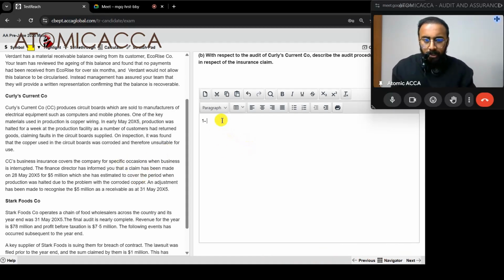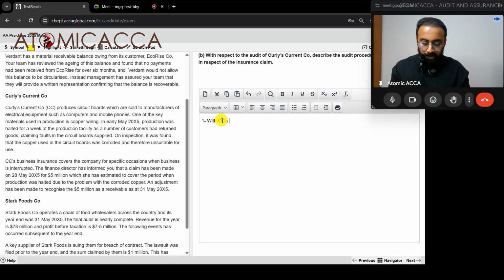I can contact this insurance company and find out what the chances of payment are, meaning what is the standing of this insurance claim, whether they are going to cover it or not. Because this is a third party, I always need permission from the client company.